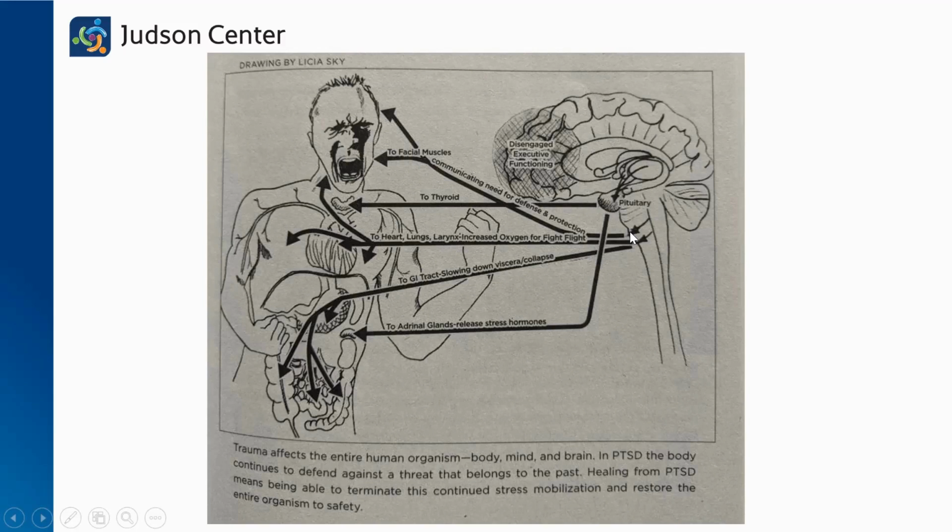It might be hard to breathe. We have the GI tract, so sometimes it's slowing down, sometimes it's speeding up, right? So you could have constipation, diarrhea, or just general stomach pain. And of course, we have the adrenal glands, which release stress hormones. As you can see, it has an overall toll on so many parts of the body: organs, your brain, hormones, all of these things can be affected.